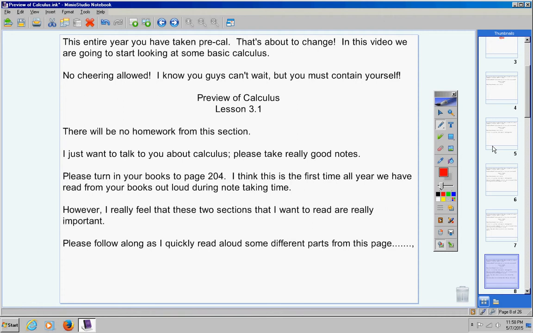Although pre-calculus mathematics deals with velocities, accelerations, tangent lines, slopes, and so on, listen, there is a fundamental difference between pre-calculus and calculus.